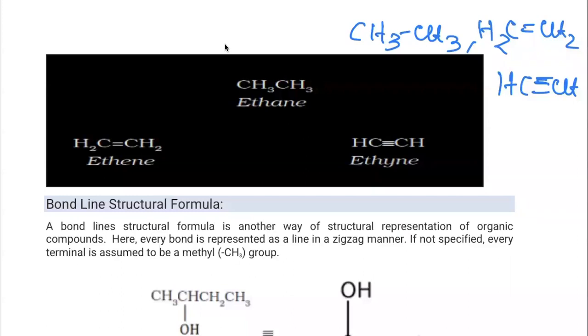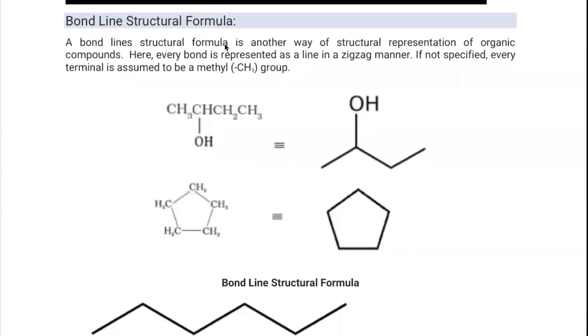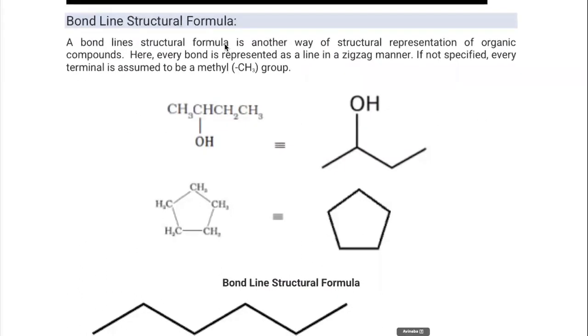Okay. And the last one is the bond line structural formula. This is the last one. A bond line structural formula is another way of structural representation of organic compounds. Okay. And here, every bond is represented as a line in a zigzag manner.